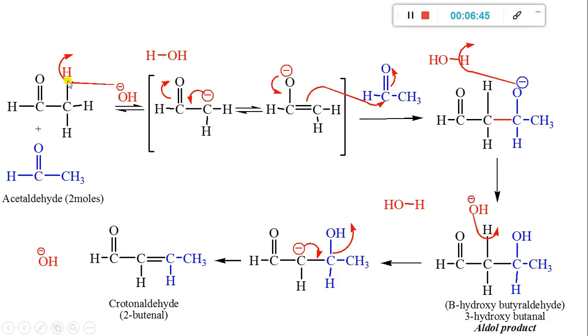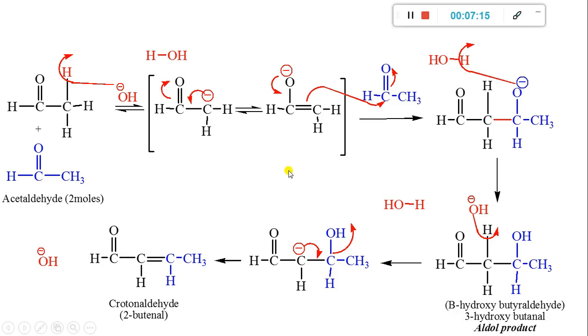This alpha hydrogen will be easier to abstract by hydroxide ion, because this hydrogen is an acidic hydrogen, to produce an enolate. Why do we call it enolate? En from alkene and ol from alcohol, so enol, and the derivative of it, enolate.